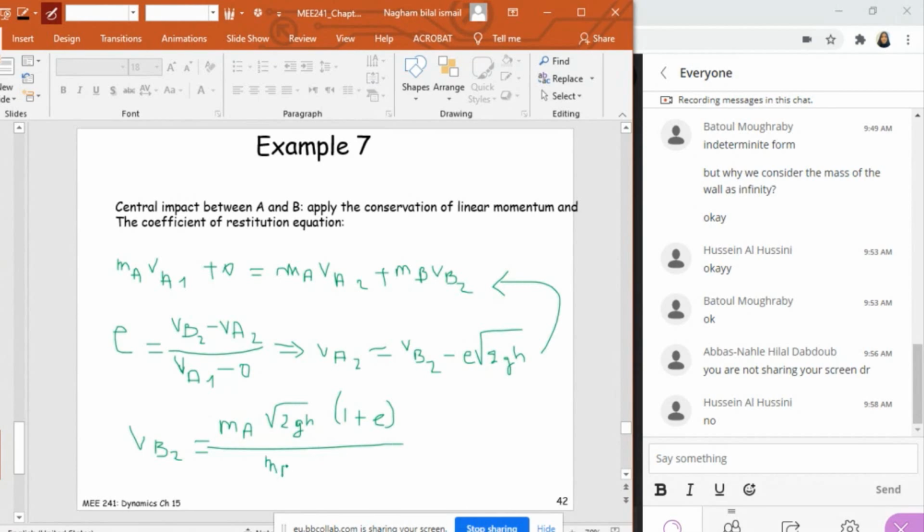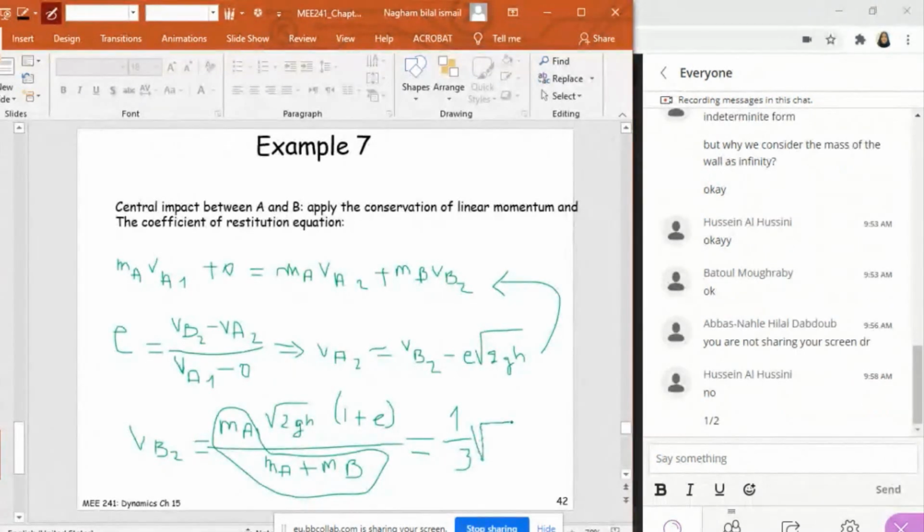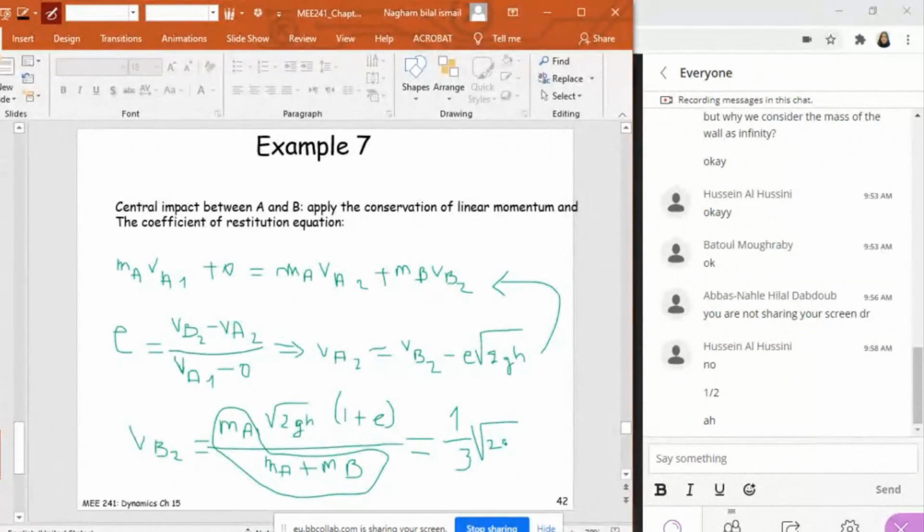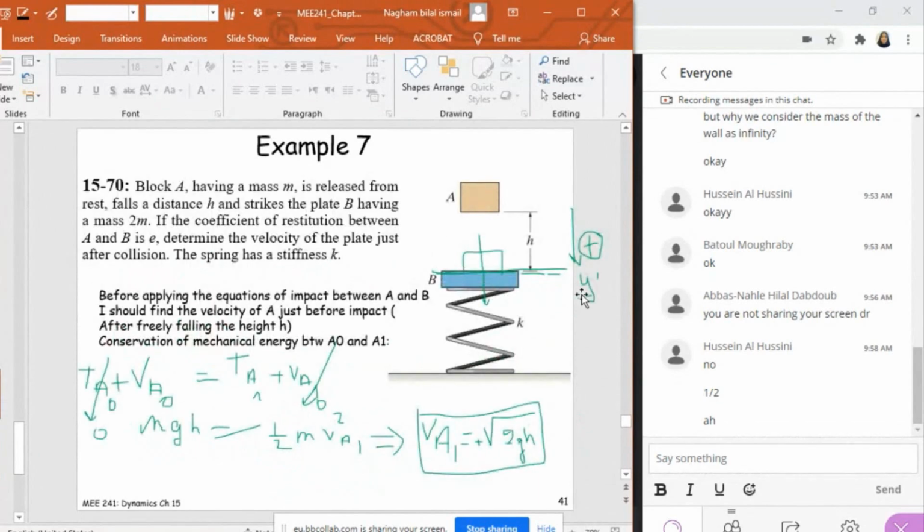Now the question, guys, is specifying the masses of A and B. They are saying, guys, that MA is M while MB is 2M, which means this ratio right here will be 1 over 3, right? So VB2 is one third radical 2GH times (1 plus E). So this is VB2 in terms of E and H, and VB2 will be in the positive direction of Y prime, which means downward. Any question?